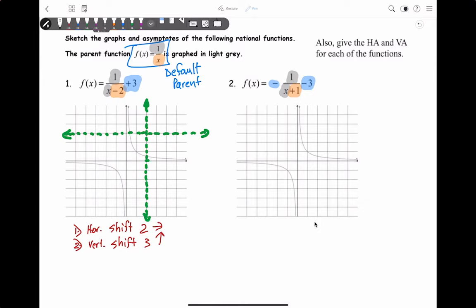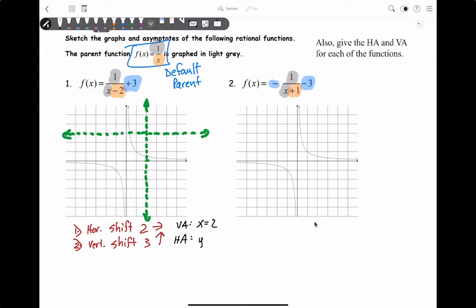So let's go ahead and write out what we actually did. The vertical asymptote dealt with the horizontal, and this was at x is equal to 2. And then the horizontal asymptote dealt with the vertical, where we shifted up by 3.